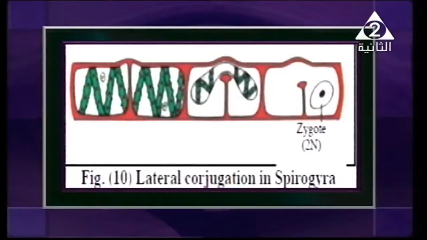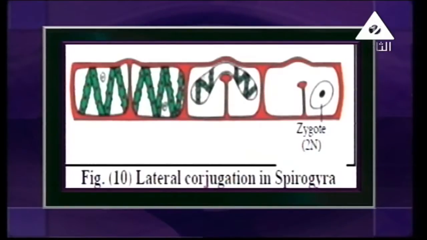Remember that there is no conjugation tube, and it happens in the same filament between two adjacent cells. This is the difference between lateral and scalariform conjugation in Spirogyra.